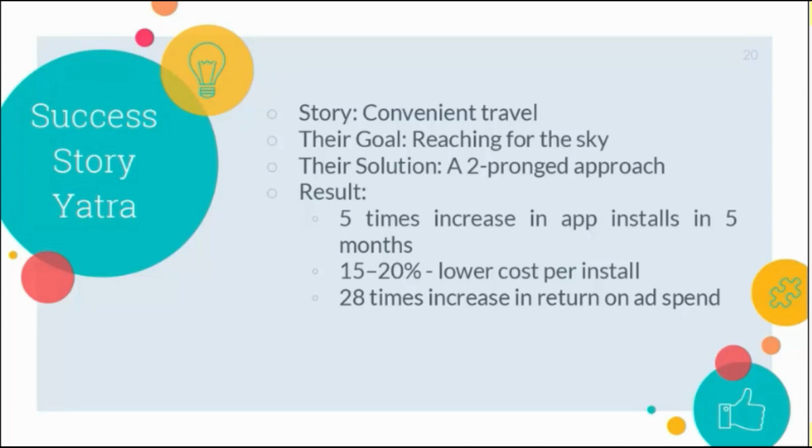To ensure it reached the right people, Yatra used lookalike audiences to target people who resemble existing app users. It used behavioral targeting to target people based on their interests like travel and only targeted smartphone owners.